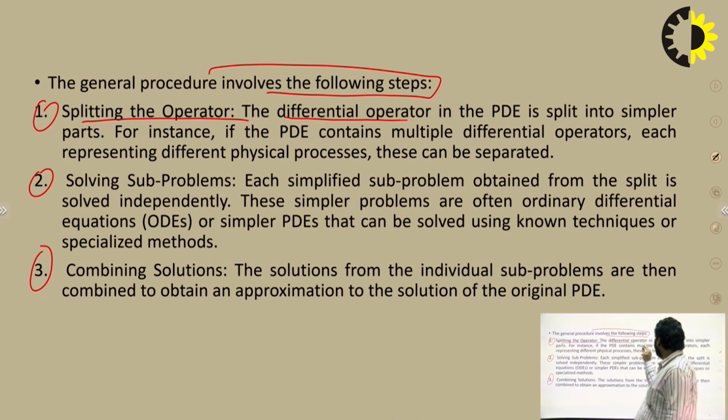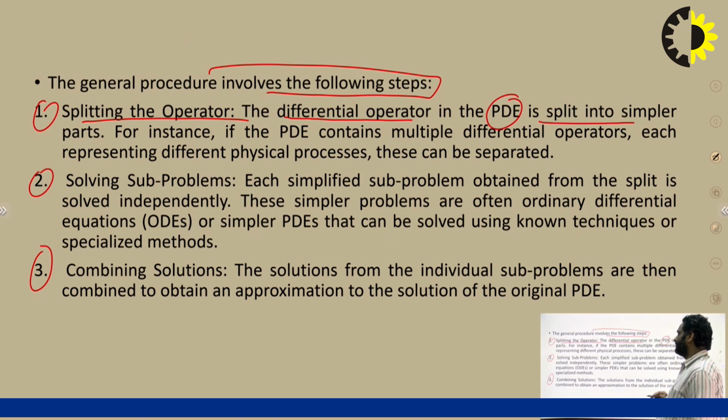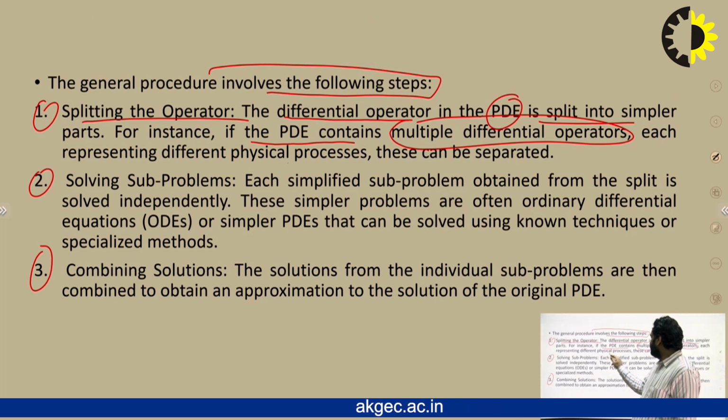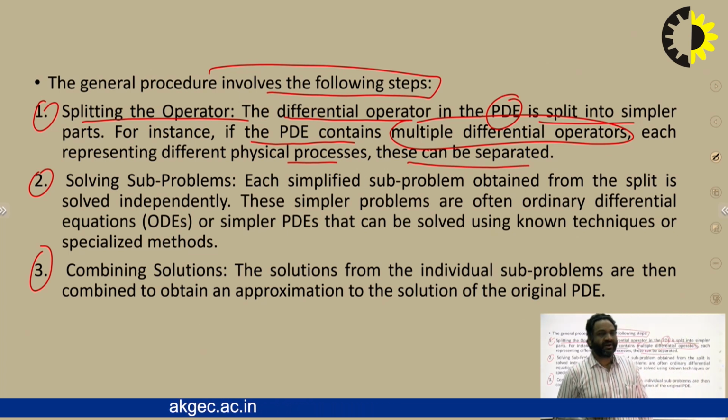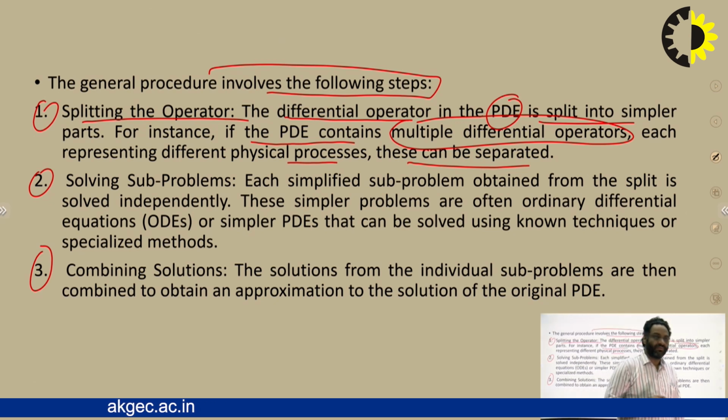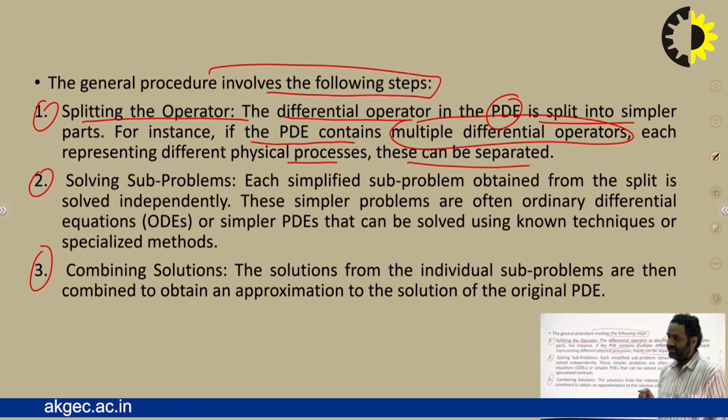The differential operators in the partial differential equation are split into simpler parts. For example, if the partial differential equation contains multiple differential operators, each representing a different physical process, these can be separated. This is our first step.